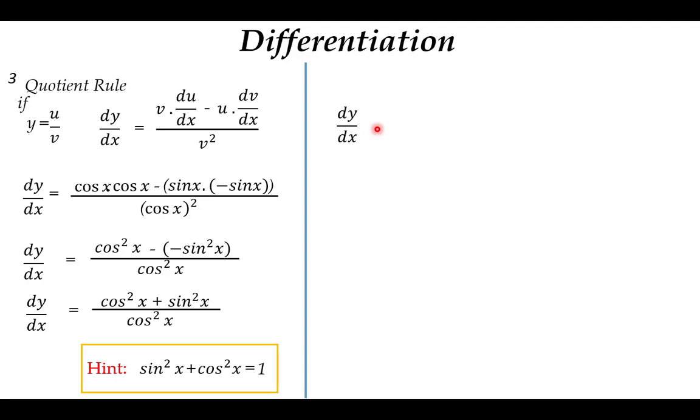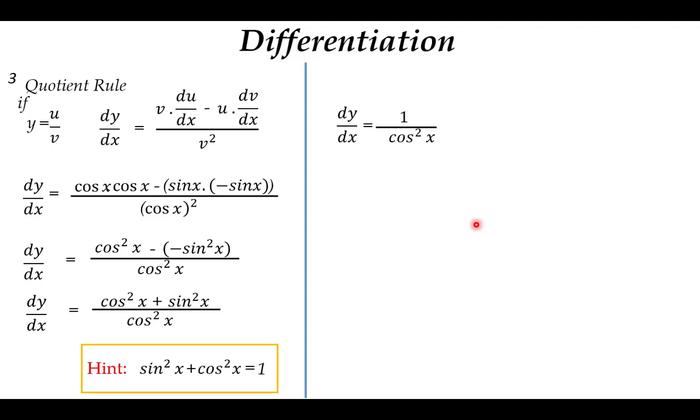Remember, addition is commutative, so cos squared x plus sin squared x is the same thing as sin squared x plus cos squared x. So dy/dx in this case you can simplify to be equal to 1 over cos squared x.